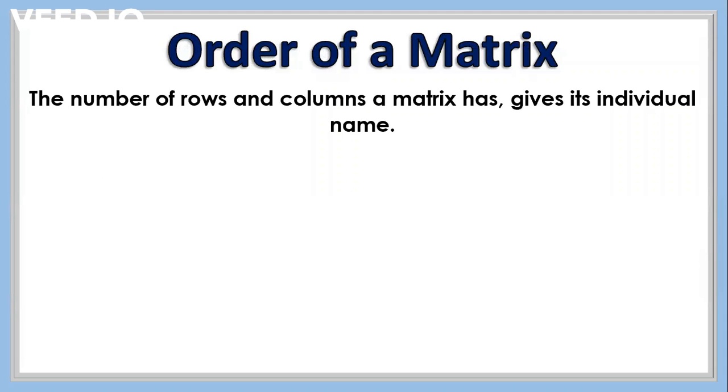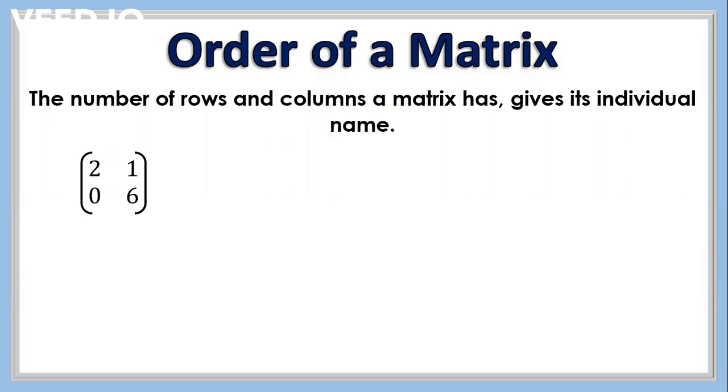Let us look at the order of a matrix. The order of a matrix is identified by the number of rows and columns the matrix has. In this example, we have 2, 1, 0, 6.